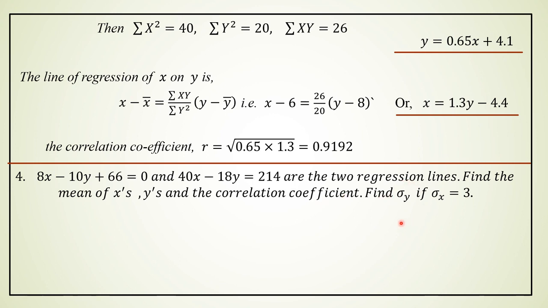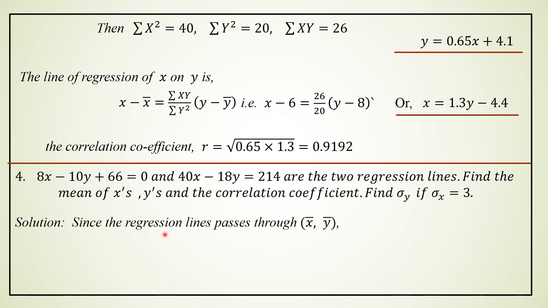Also, you need to find the value of sigma y if the value of sigma x is equal to 3. Just observe the question over here, students. They are expecting you to find the mean of x and y and the coefficient of correlation. Okay, but instead of the data points, they have given the lines of regression. Using it, you have to find it.